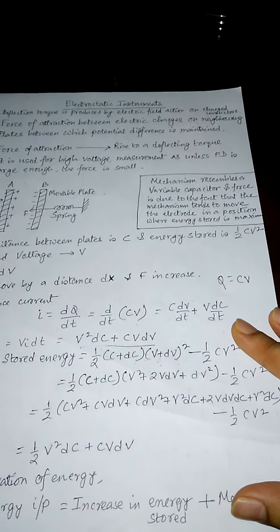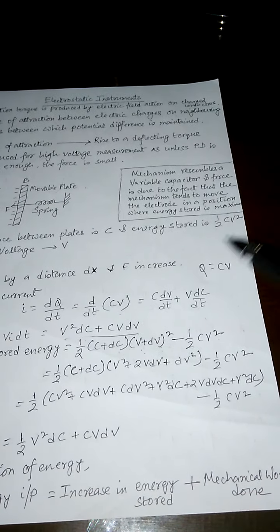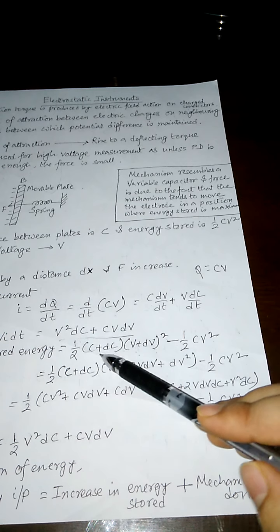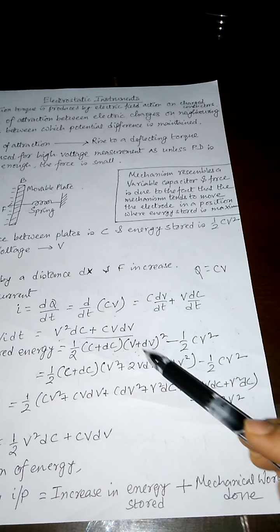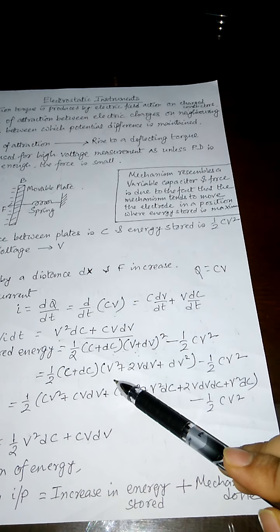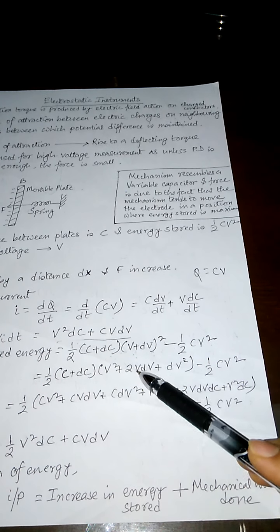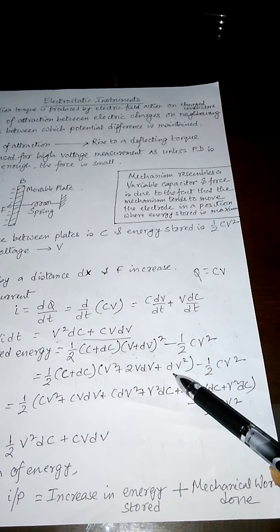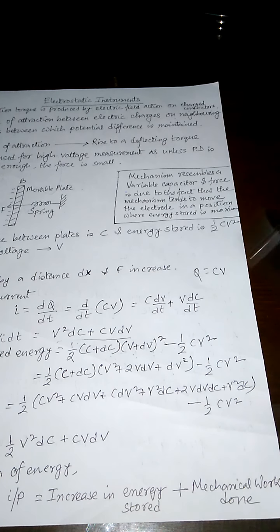If we do these mathematical calculations, what happens? Half of C plus dC times V plus dV square, and V plus dV square is V square plus 2V dV plus dV square, the (A plus B) whole square formula, minus half CV square.